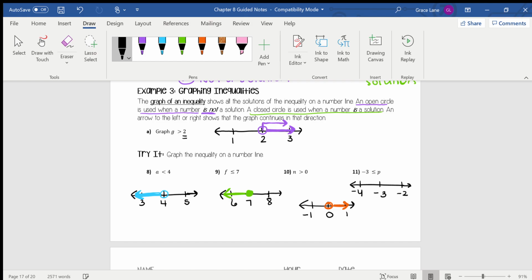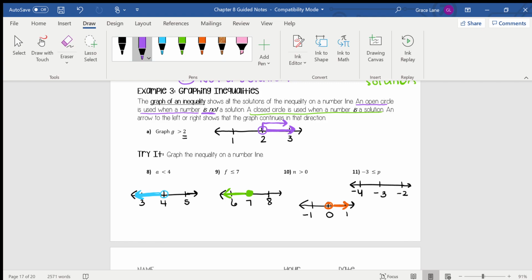Okay, so this one is written not backwards, but it's written differently. It says -3 is less than or equal to p. And so your graphs, when you're graphing inequalities, you are graphing what p is equal to.